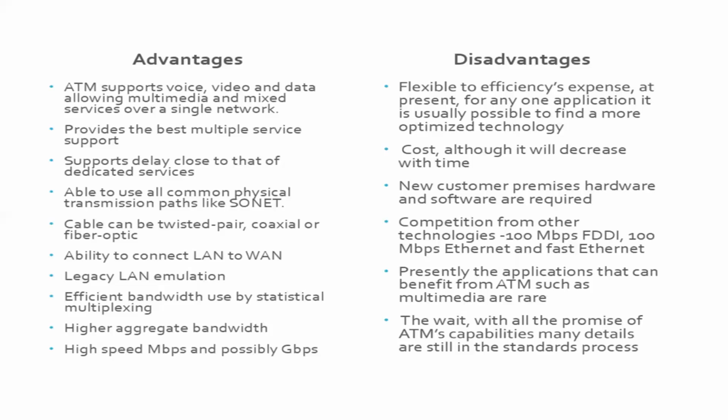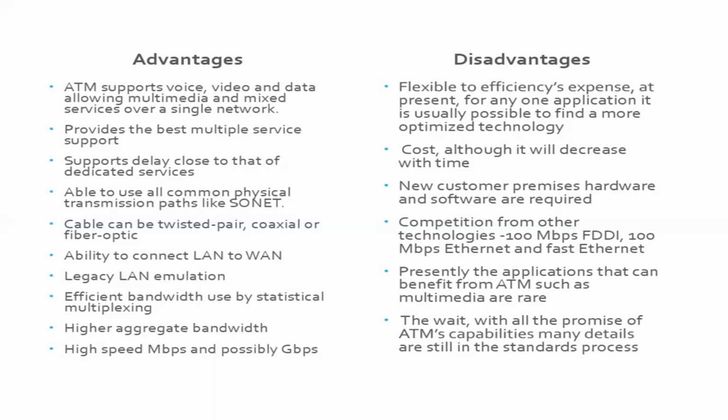Able to use all common physical transmission paths like SONET. Cable can be twisted pair, coaxial or fiber optic. So this information is passed through fiber optic very fast. Fiber optic cables are used inside, so it provides fast services.